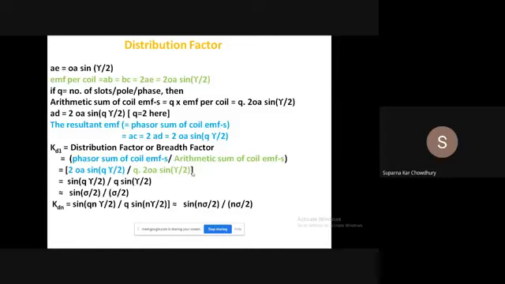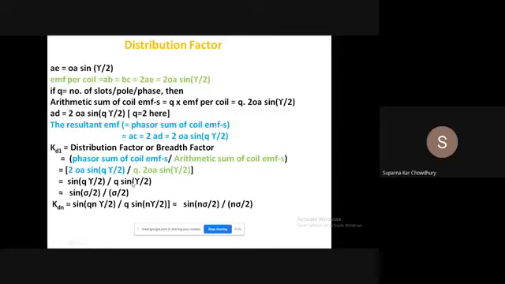Now, these factors, the distribution factor for higher harmonics, the magnitudes go on decreasing. That is, it will be less for fifth, lesser for seventh, and so on. So the fifth harmonic voltage is multiplied by a very small factor, seventh harmonic voltage by a smaller factor, and so on.